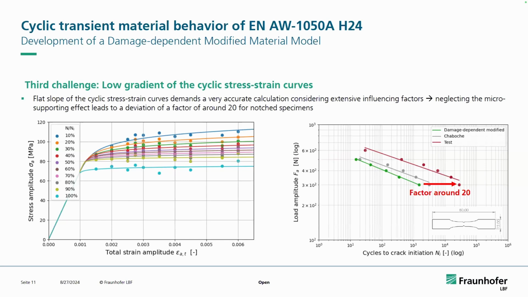That means that if your stress calculation is a little off, your strain calculation is, of course, off by quite a lot. And therefore, you have to be very precise with your calculations and take into account as many influencing factors as possible. For example, at first, I neglected the micro-supporting effect, and that led, for the notched specimen, to a factor of around 20.